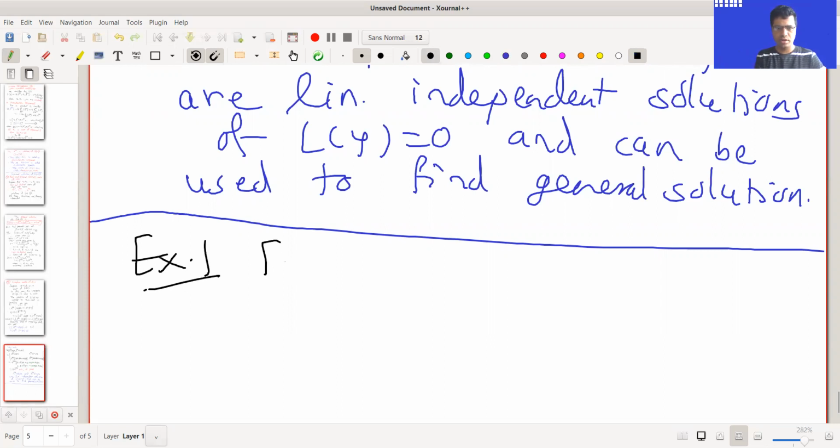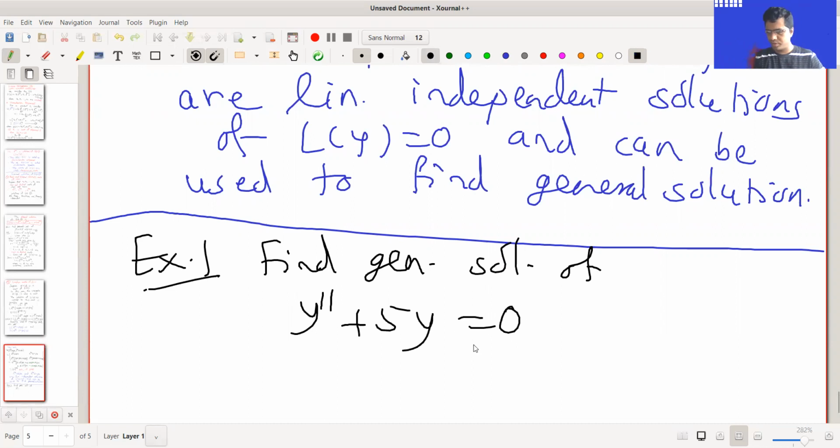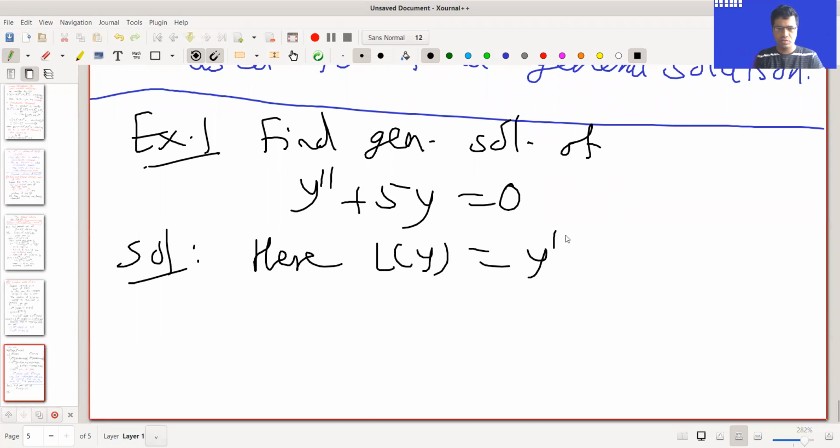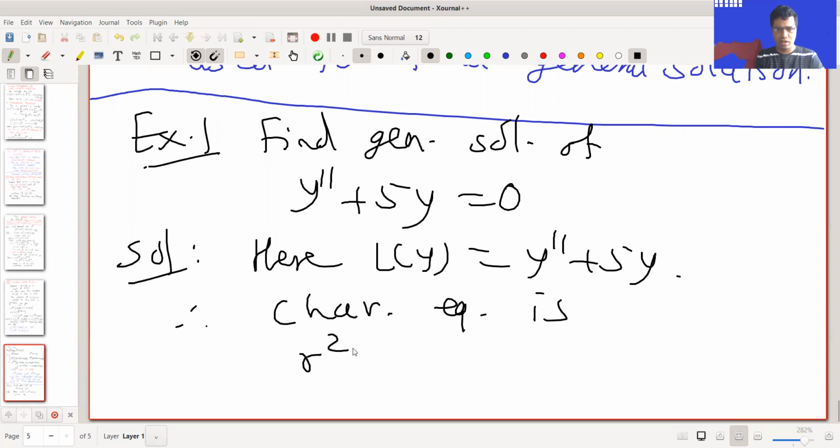We see some examples. Example 1. Find general solution of y double dash plus 5y equal to 0. Here L of y is y double dash plus 5y. Therefore, characteristic equation is r square plus 5 equal to 0.